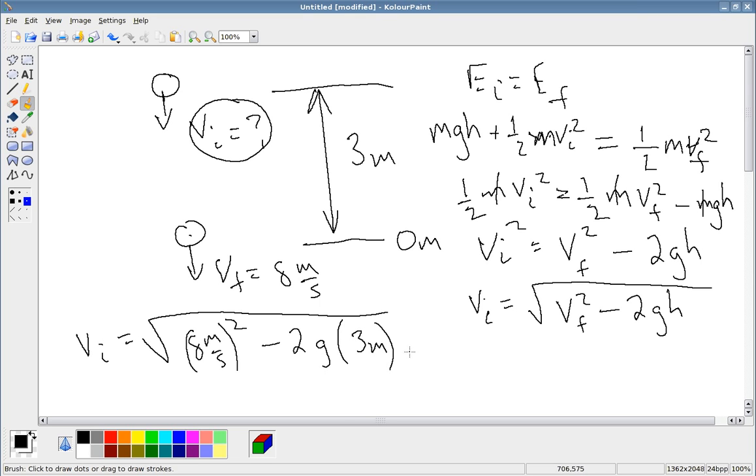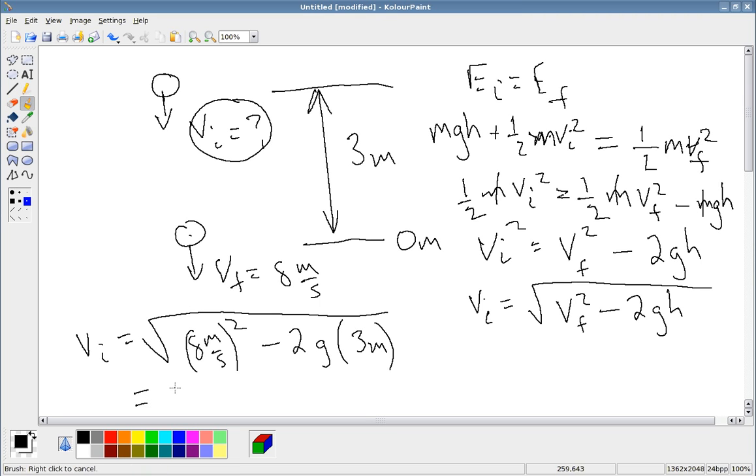And so therefore, we end up with an answer of 8 squared is 64, and so 2 times 9.8 times 3, subtract, and take the square root, and our answer is 2.28.